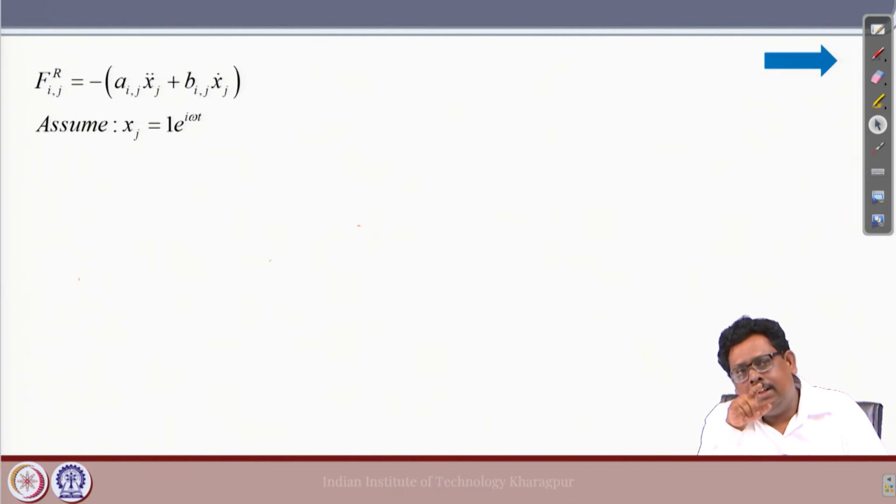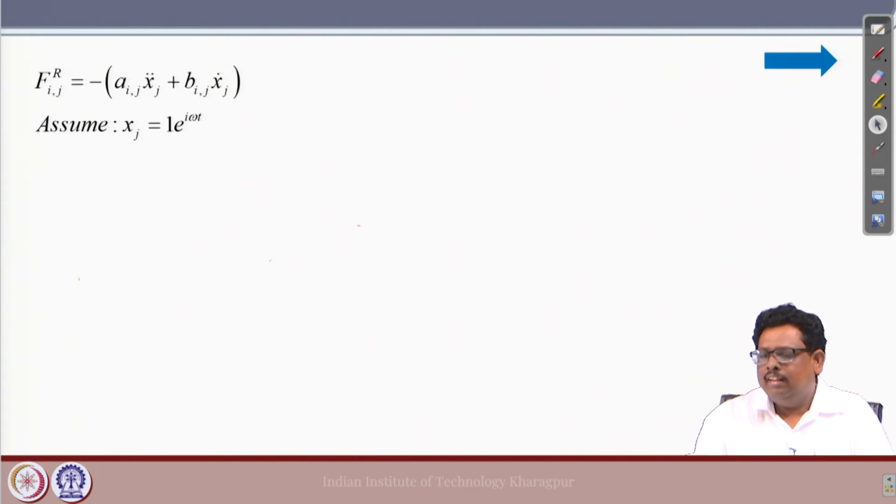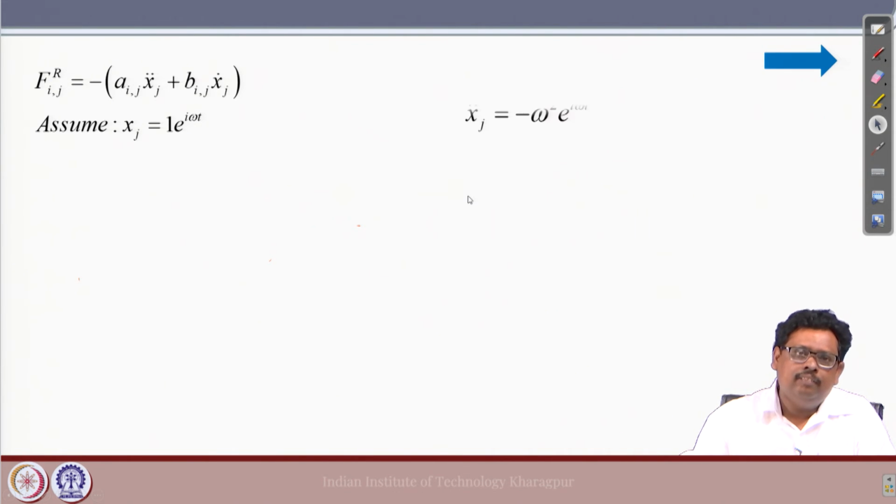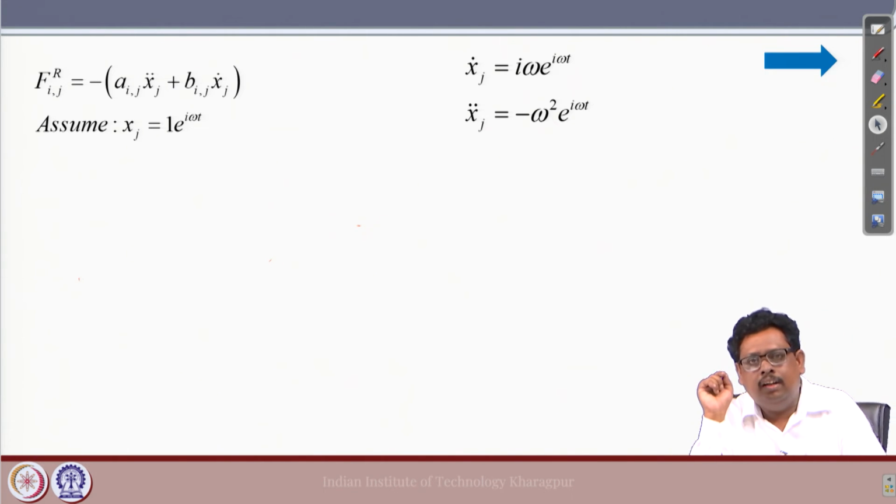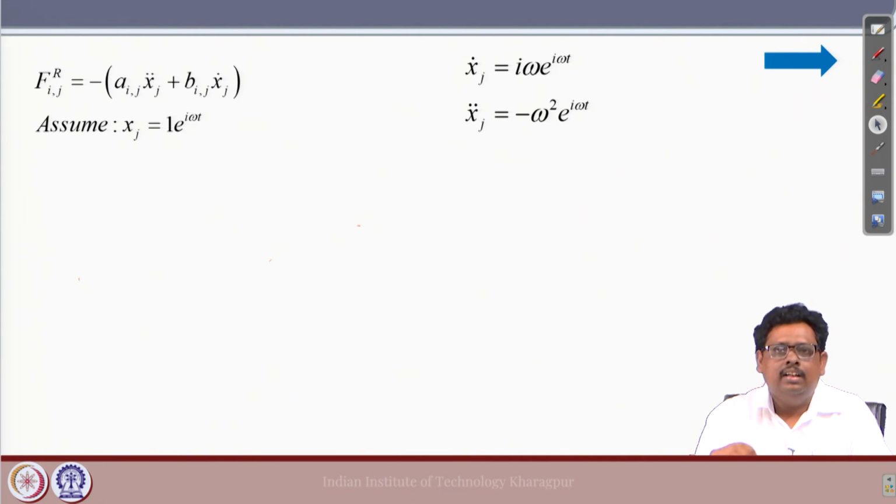So, since I am oscillating the body with a unit amplitude, I can write the equation as x j equal to 1 into e to the power i omega t. Now, once I do that, then easily I can get the velocity and the acceleration. So, velocity will be i omega into e to the power i omega t, and if I differentiate 2 times, it will be minus omega square into e to the power i omega t, right.